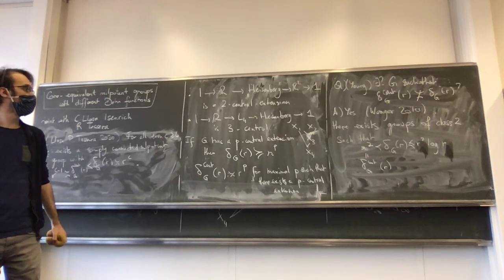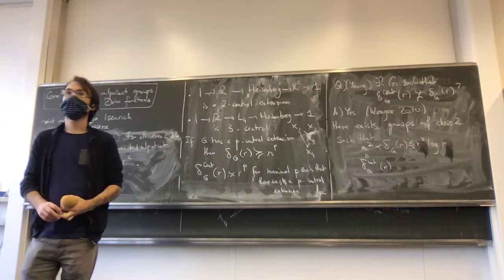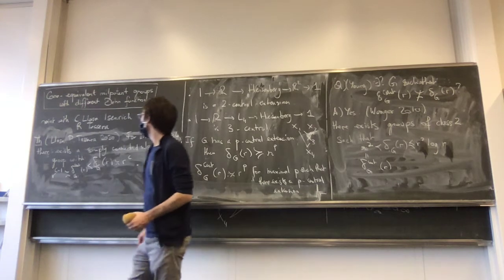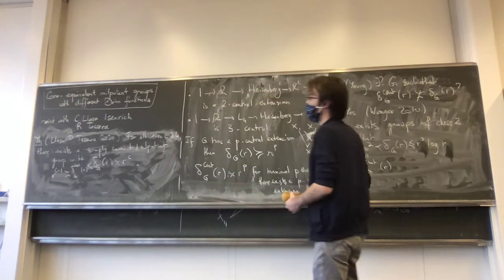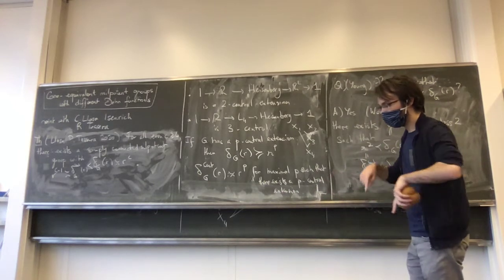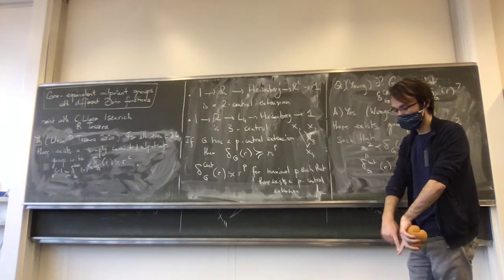And the G that you find in this last theorem, are they stratified groups? Are they Carnot groups? So no, they are not. They are of the same kind. They are produced by taking filiform groups and gluing the centers.